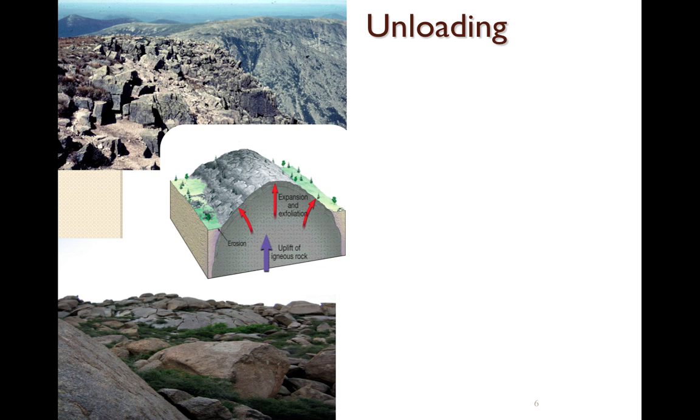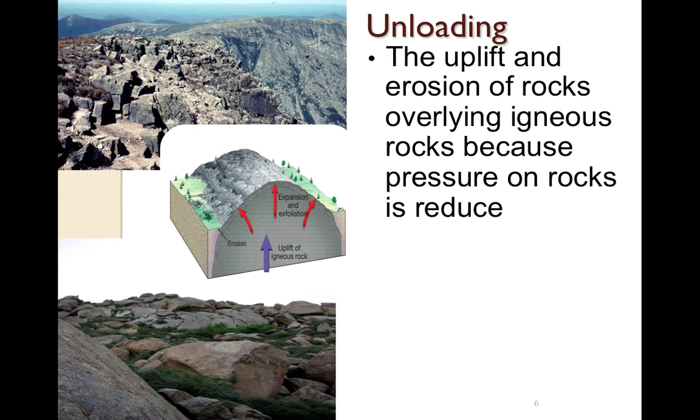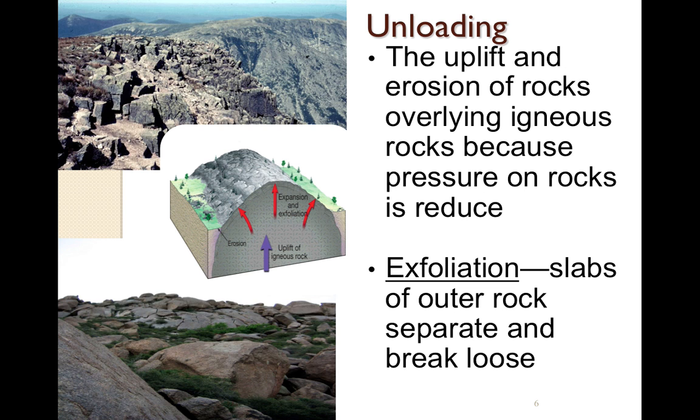Our next process associated with mechanical weathering is unloading. Unloading is the uplift and erosion of rocks overlying igneous rocks due to pressure that is on the rocks being reduced. When this happens, we get exfoliation, where the outer rock is now separated and broken loose from the entire rock unit.